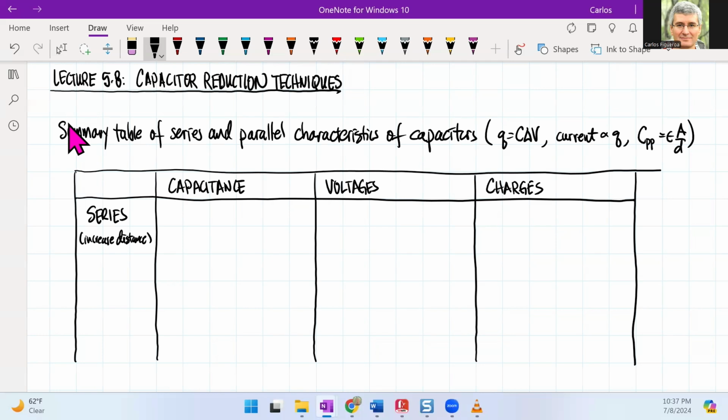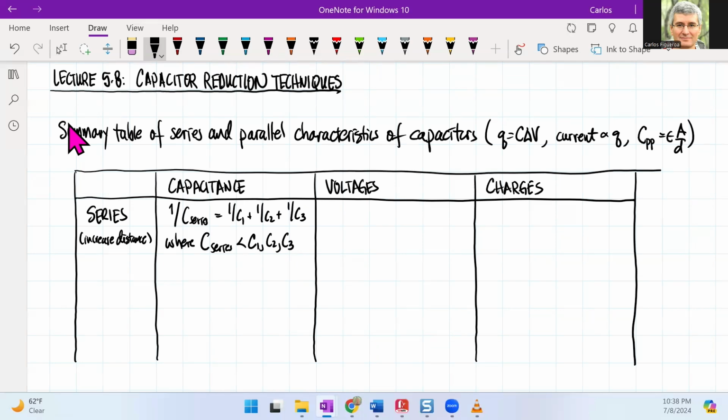If I have capacitors in series, then 1 over C series is equal to 1 over C1 plus 1 over C2 plus 1 over C3. Their inverses add, where C series is always smaller than the smallest capacitor in the circuit. That's what we mean by series.